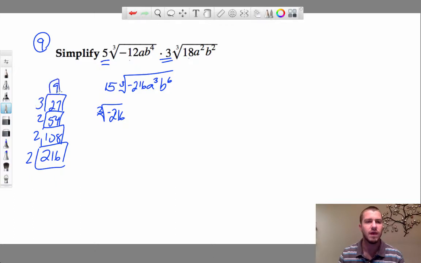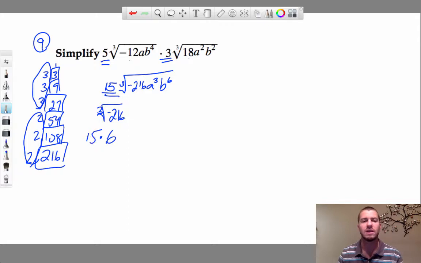It's going to be 3 and 9, 3, 3, and 1. And so I'm looking for 3 of a kind because this is a cube root. So I have 3 3s, 3 2s, so what comes out is going to be 6. And that 6 still has to be multiplied with this 15 that's already out there. So 6 times 15 is going to be 90.